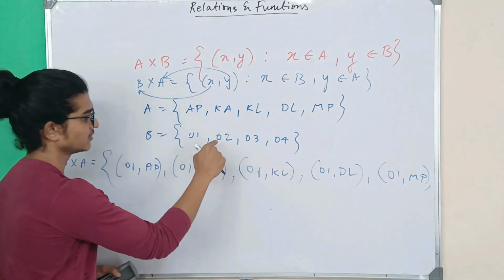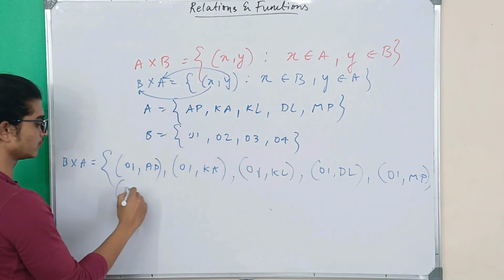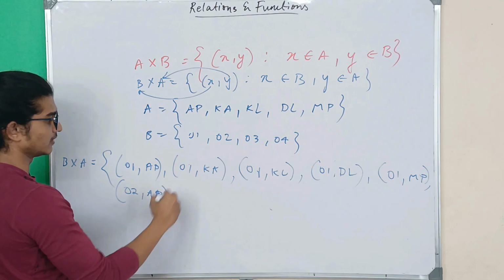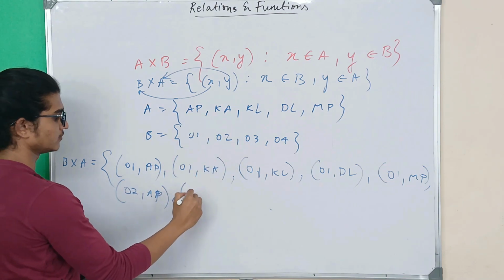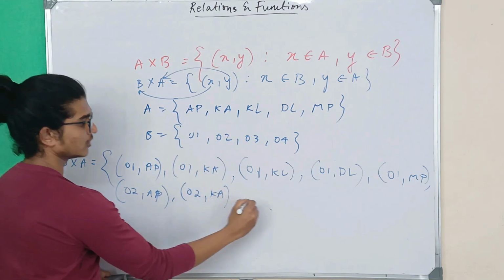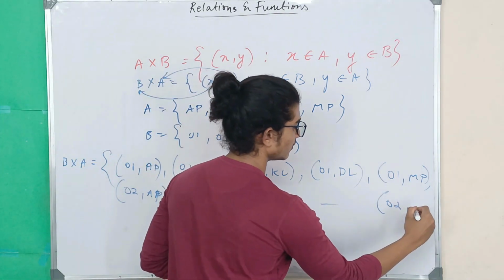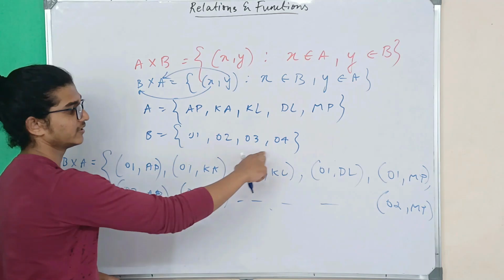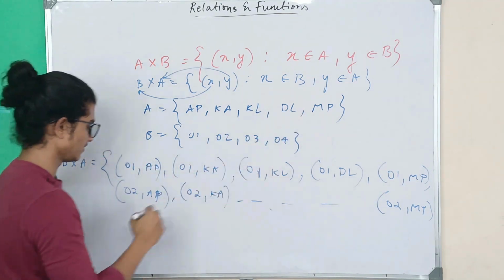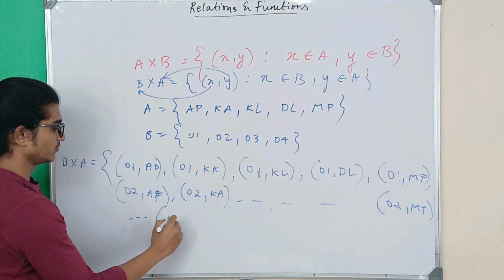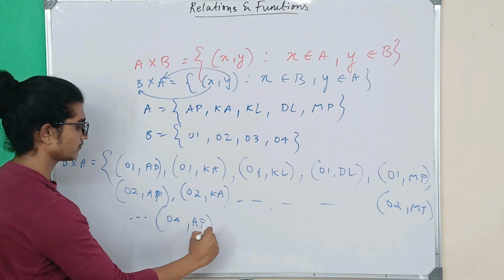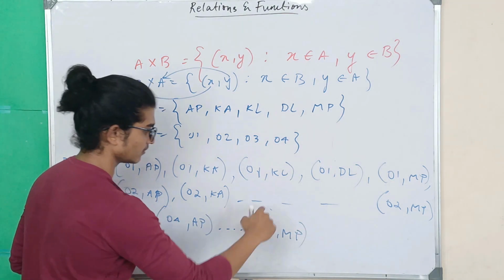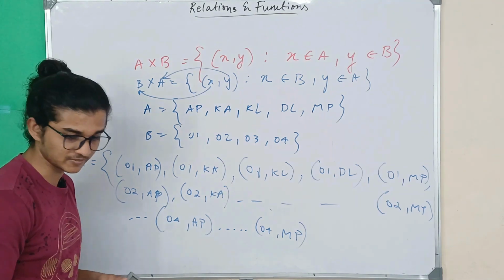For example, the next one is (02, AP), (02, KA), and so on up to (02, MP), and then take 03 and multiply in the same way, and then take 04 and do the same, so on, (04, AP) all the way up to (04, MP). Try filling in all the missing elements.